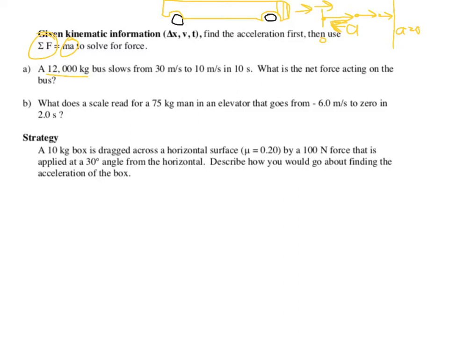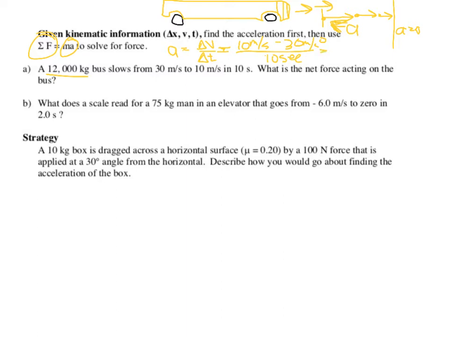Now, a is delta v over delta t. And delta v is final minus initial. Final minus initial. 10 meters per second minus initial over 10 seconds.